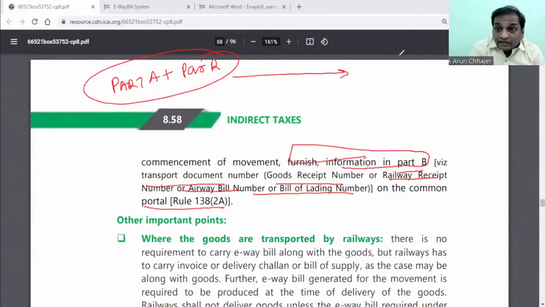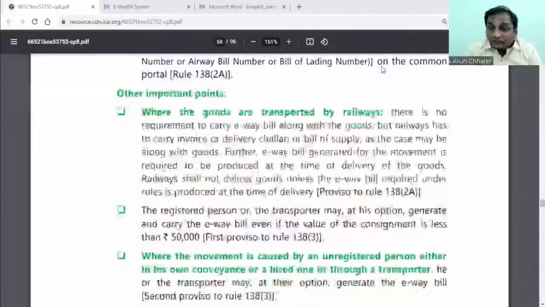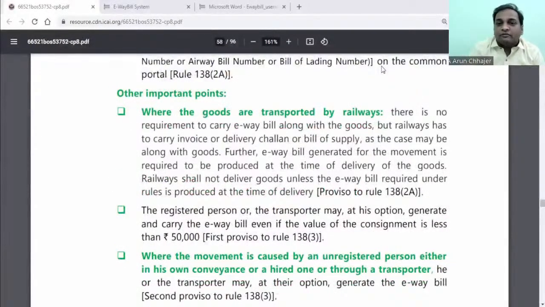But one thing more is being added. If the goods are being transported by railway, it is the responsibility of the railway person. They will not hand over the goods unless and until a complete e-way bill is given.